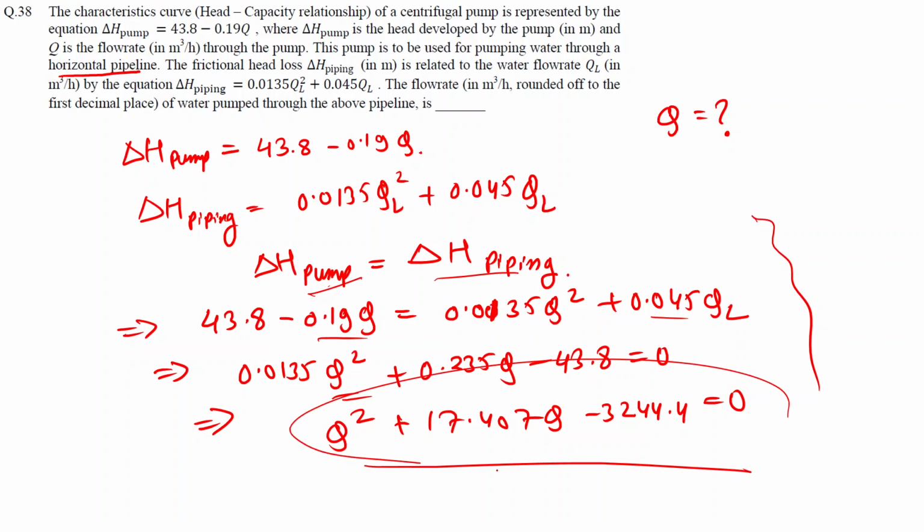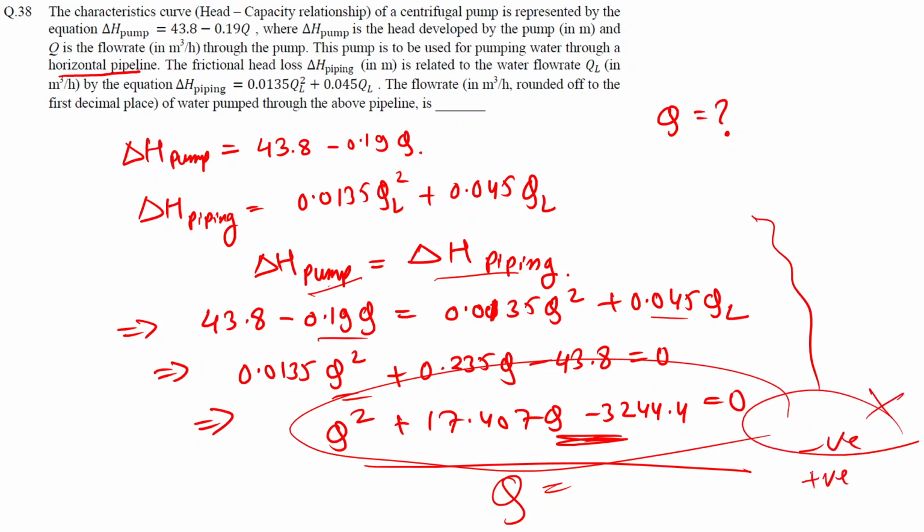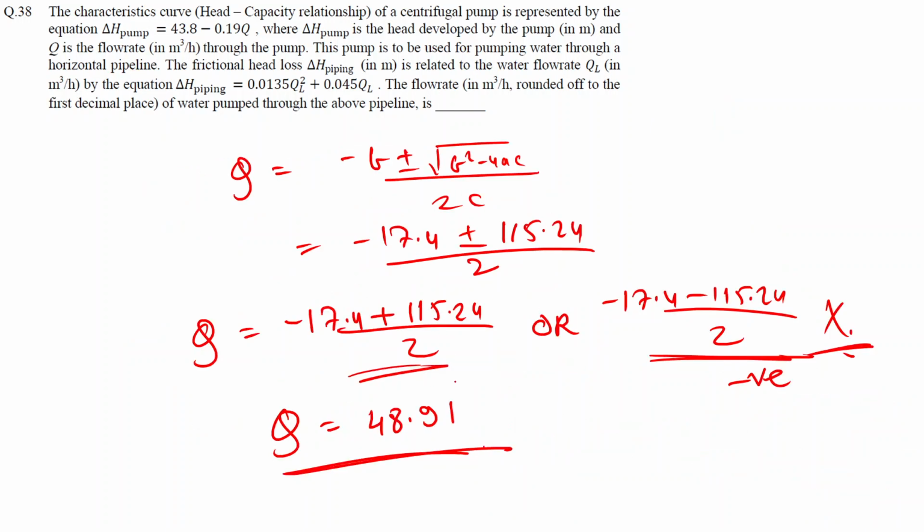We can solve this quadratic equation to find the flow rate. Since this is a quadratic equation, we will be getting two solutions and we can neglect one solution based on its nature. One solution will be negative, another will be positive. Flow cannot be negative, so we will be rejecting that and considering only the positive solution. That is, we will be getting the final flow rate for this question as 48.91.